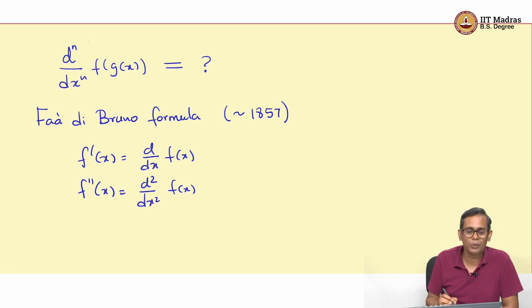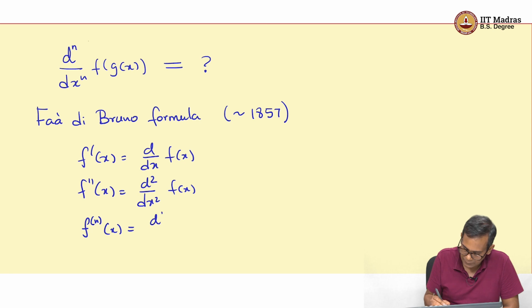We could keep putting more and more primes, but that becomes a bit cumbersome when we want to talk about, say, the seventh derivative. So, what we do is we define f in brackets n of x to be d^n/dx^n of f of x.